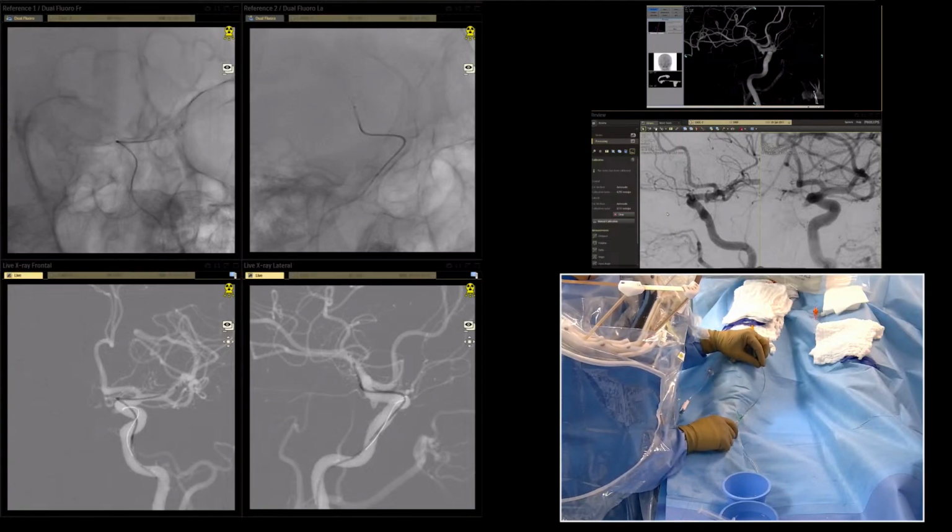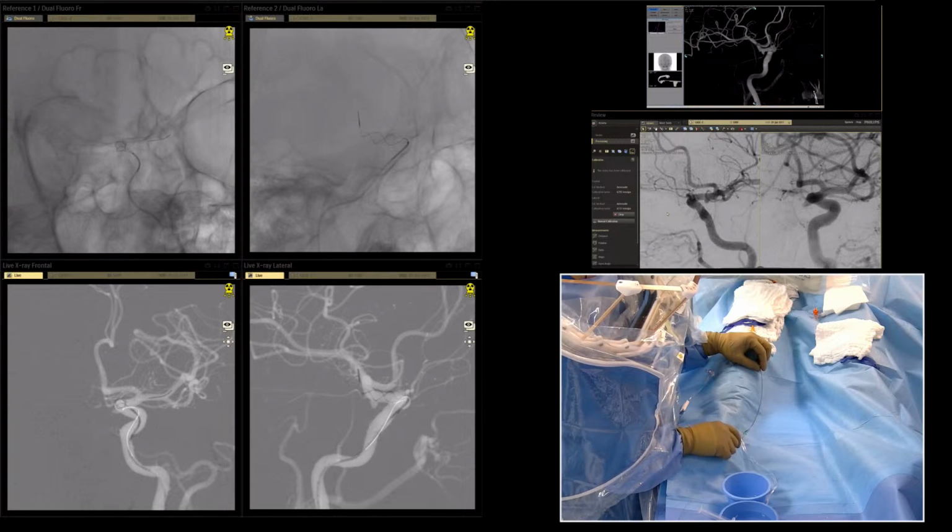Okay, we can start from the infundibulum of the PICOM to prevent in the future the enlargement of the PICOM. Heparin 5000. It's too distal, I think.